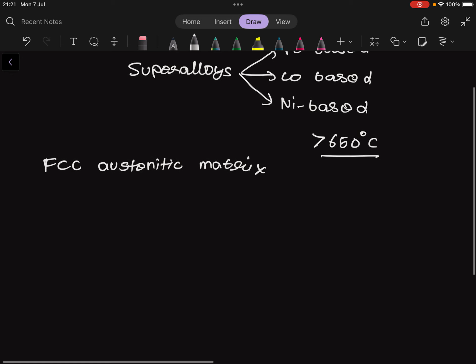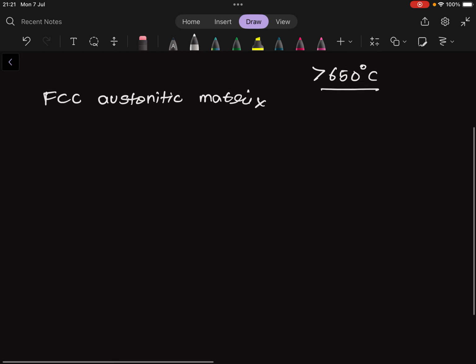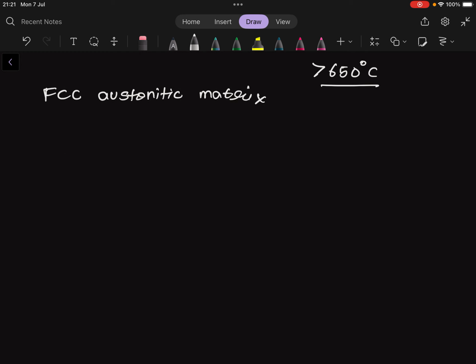So let's begin the discussion with iron based superalloy. Let me write the heading, iron based superalloy. These superalloys were the first ones to be developed.